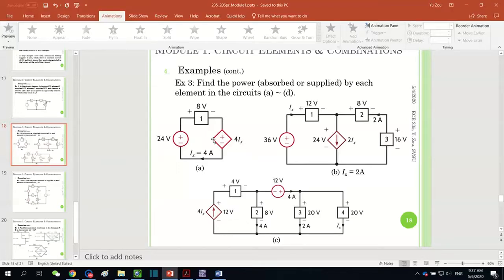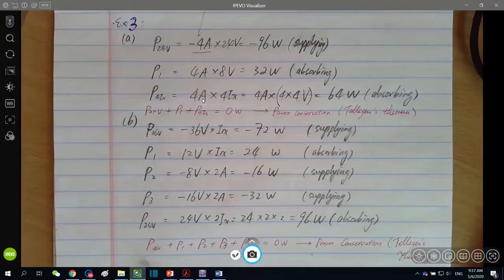So this dependent source is a current dependent voltage source with voltage value of 4 times 4, 16 volts. And the current through it is 4 amperes as well, entering the positive polarity in this loop. So we directly use this 4 amperes times the voltage, 16 volts, ending up with 64 watts positive, absorbing the power.